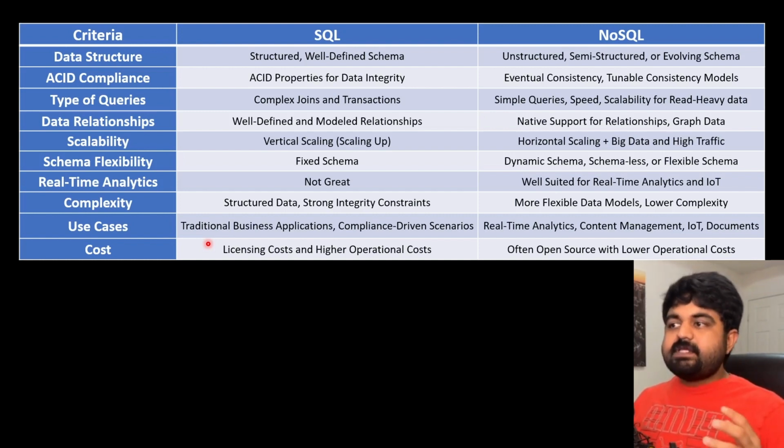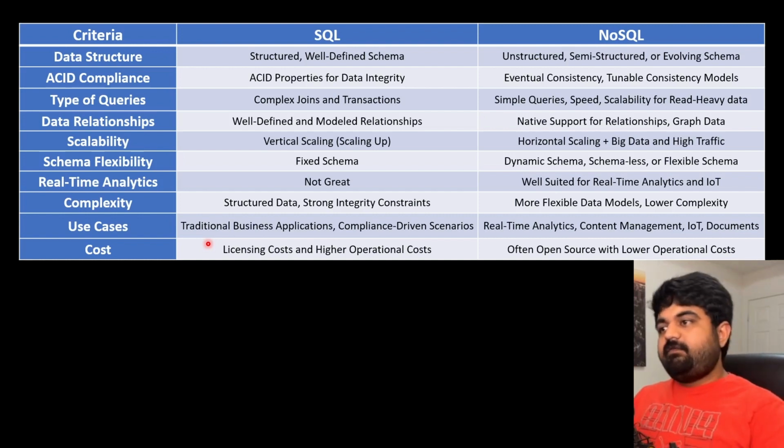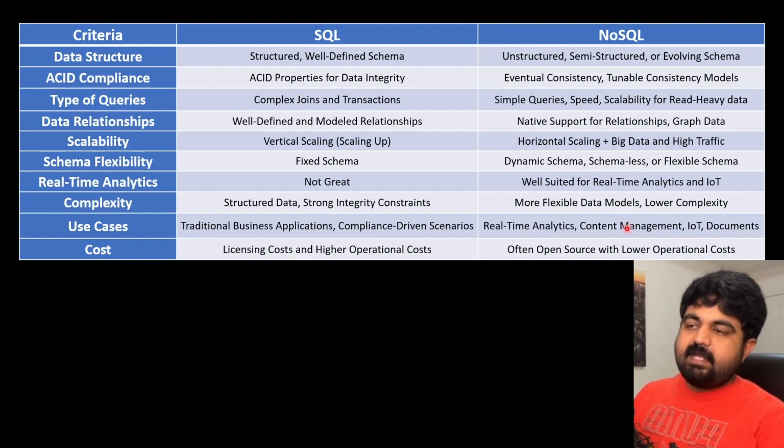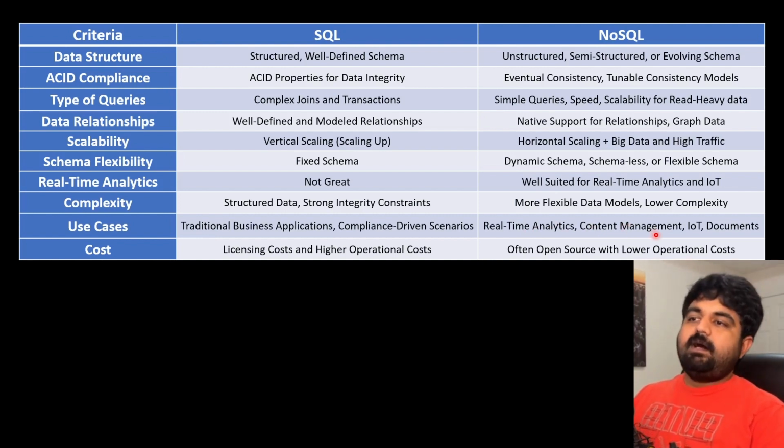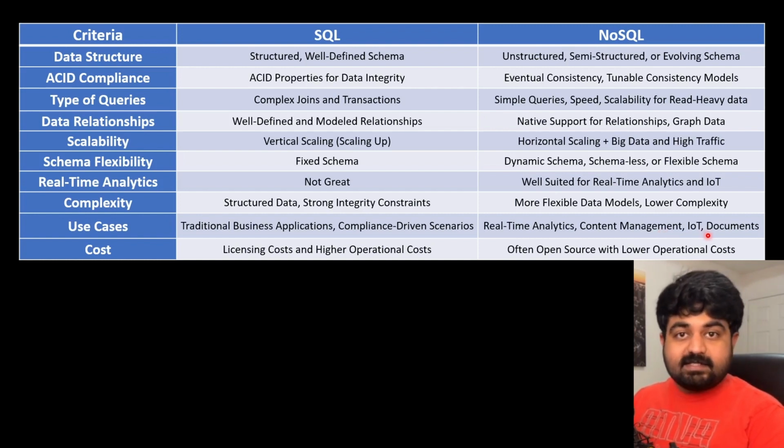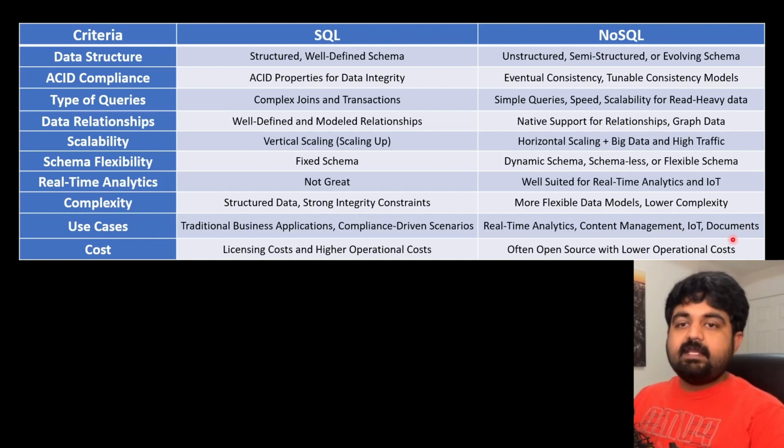Then try to think of using a SQL database. But if you want to do a lot of real-time management or content management, unstructured data, semi-structured data, Internet of Things, real-time analytics, dynamically changing schema, documents, images, media, files, all of those things, think of using NoSQL databases.